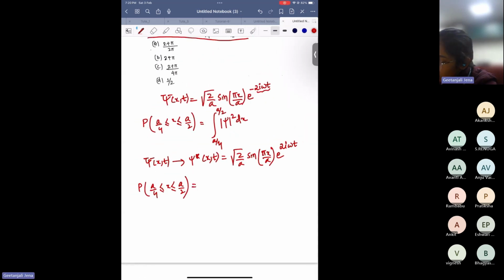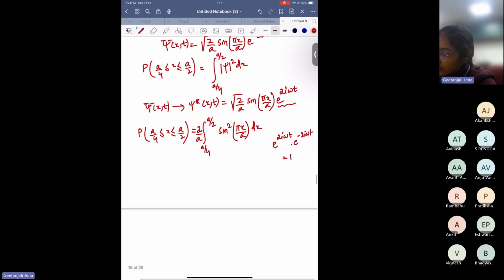So this is from a by 4 to a by 2. There will be a constant factor of 2 by a and sine square pi x by a dx. This term, e to power i omega t with e to power minus i omega t, will give 1. Okay, so that is why I have not written it.